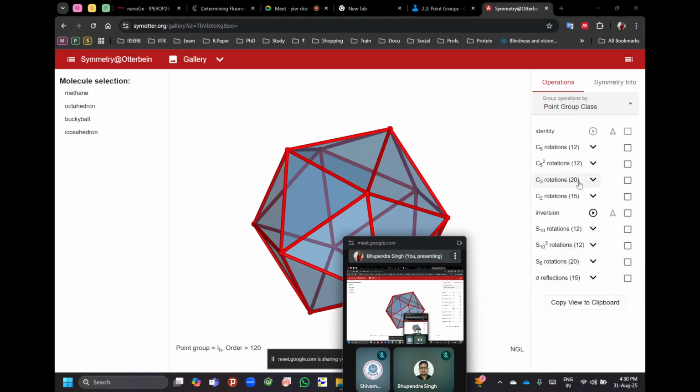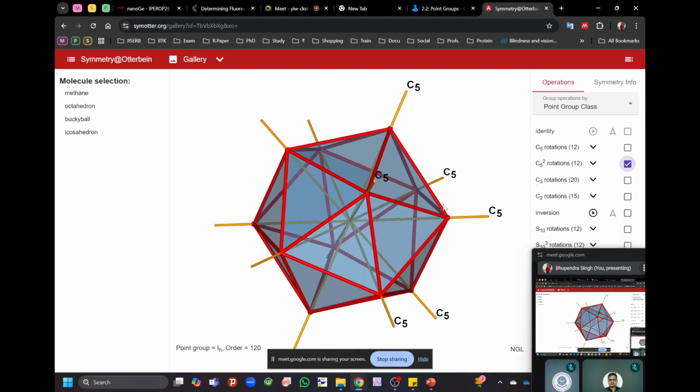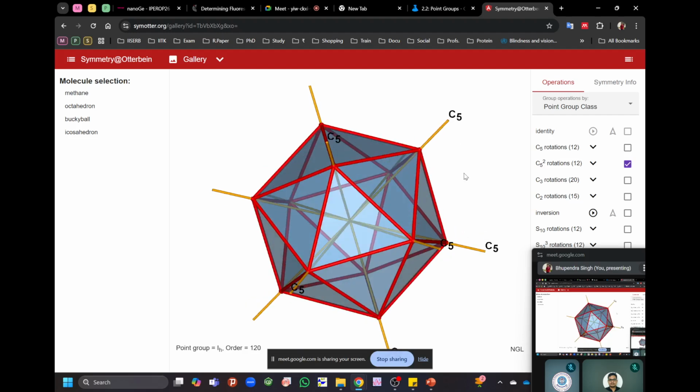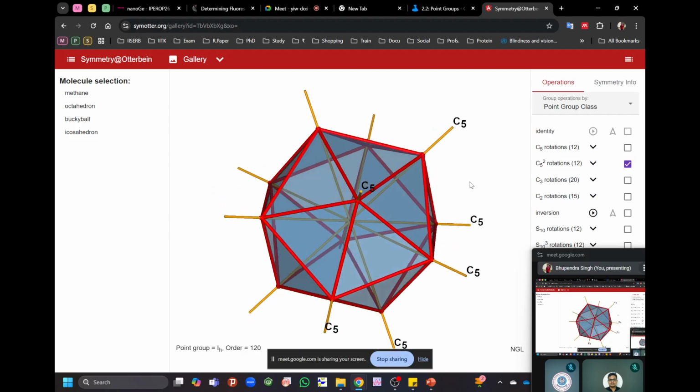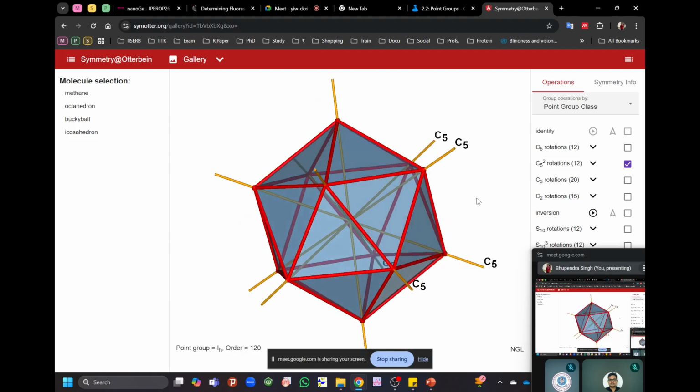Here everything is present. You can see how many axes there are and how this is rotated. I can show you how many C5 axes are present. Just for the visualization, look at it closely.